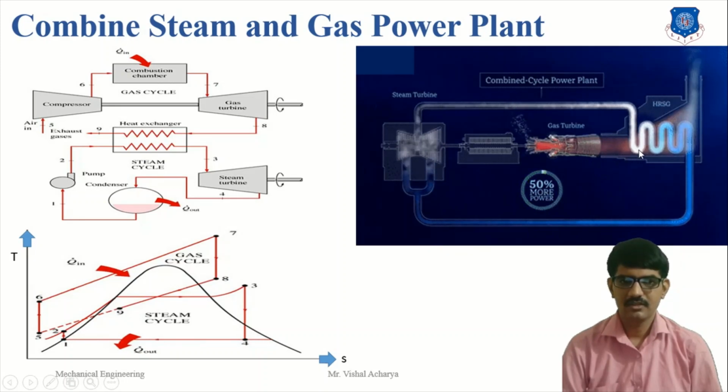In the HRSG unit, in the Rankine cycle, water is converted into steam and passed to the steam turbine and produces electrical power. The efficiency is 50% or more. This is the basic working of the combined steam and gas power plant.